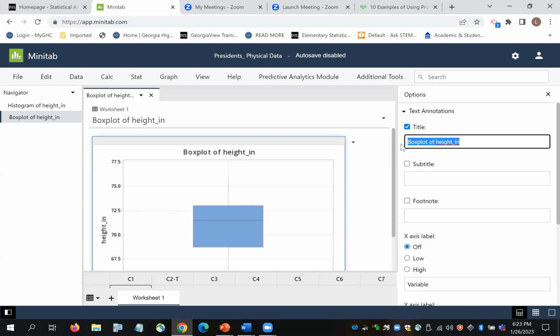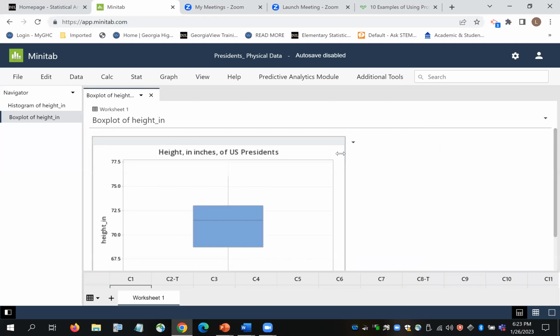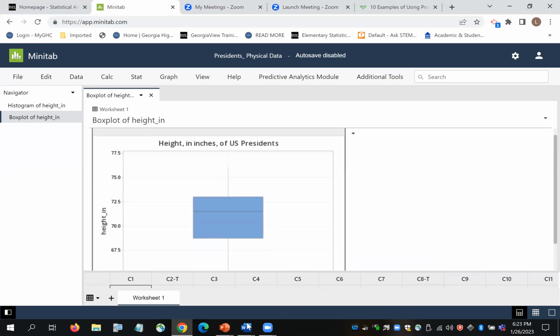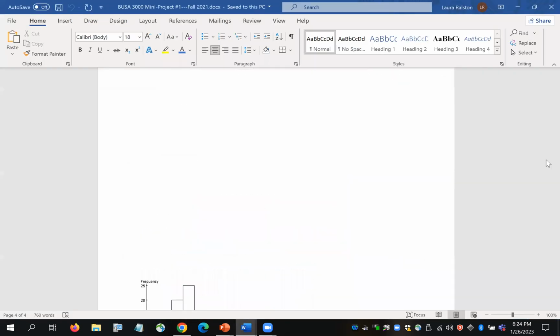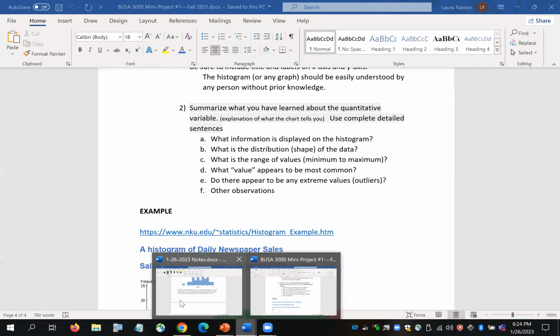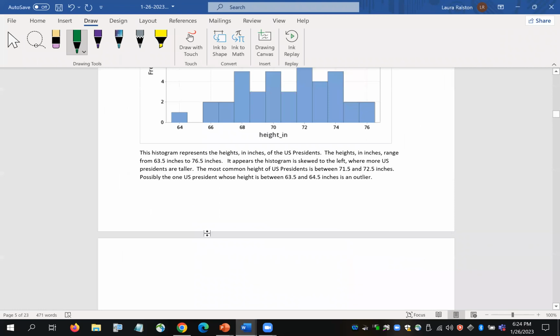It should be a detailed, descriptive title. So this is the height in inches of U.S. presidents. Close the window. Then I'm going to copy the graph. Again, when I copy, I lose some of that interconnectivity.